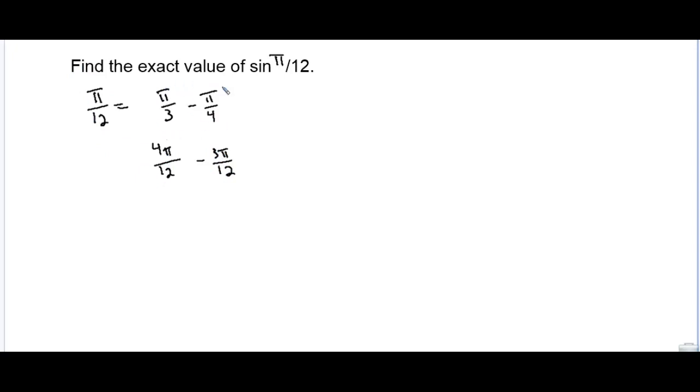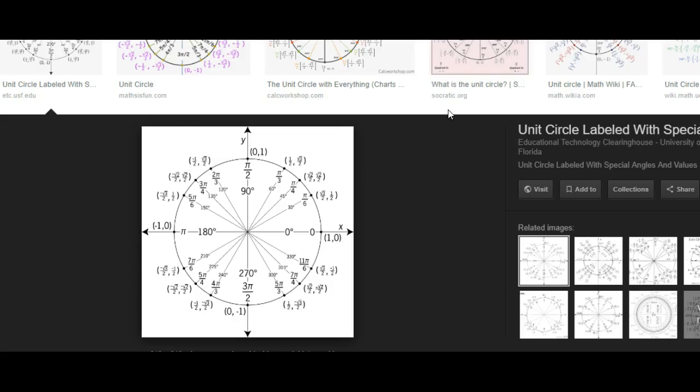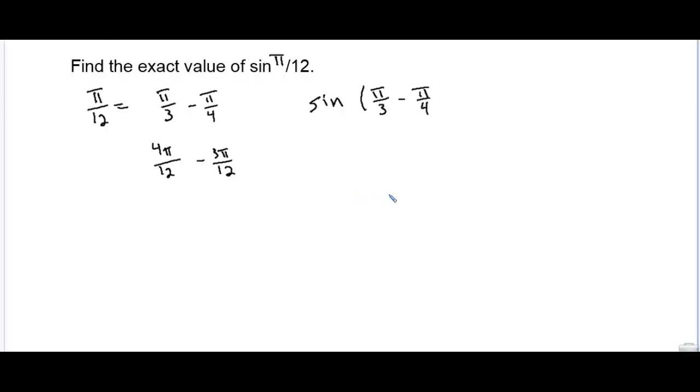So here are the two numbers that I want to subtract. So I can rewrite sine of pi over 12 as sine of pi over 3 minus pi over 4. So even though I said first, well, let's use pi over 6, maybe that will be helpful, not quite. So we want to use this subtraction.